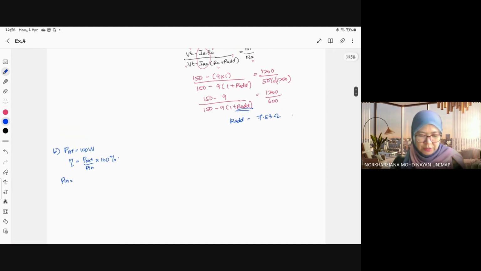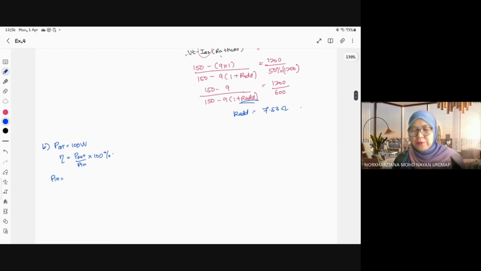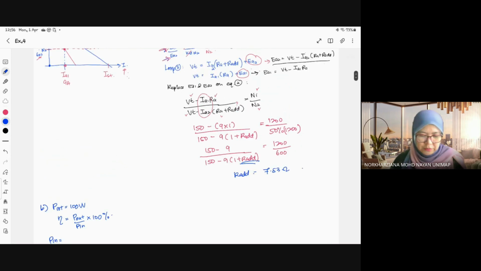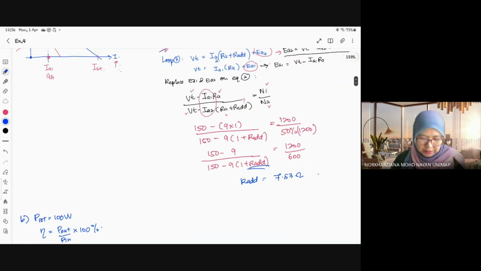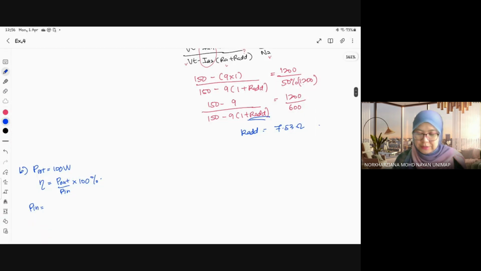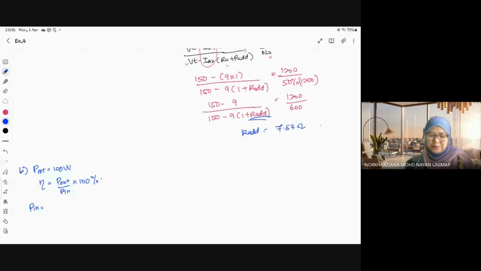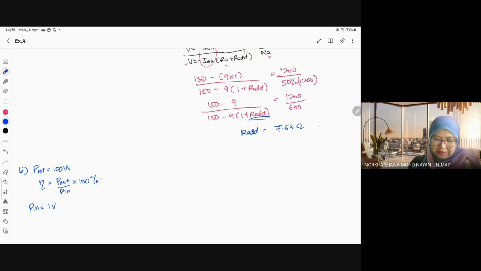Okay, tadi dia suruh cari efficiency to compare before and after we add the additional resistance. So let's recall back your efficiency equation. Efficiency is P out over P in. So can we find your P in? P sama dengan IV. Ingat tak?